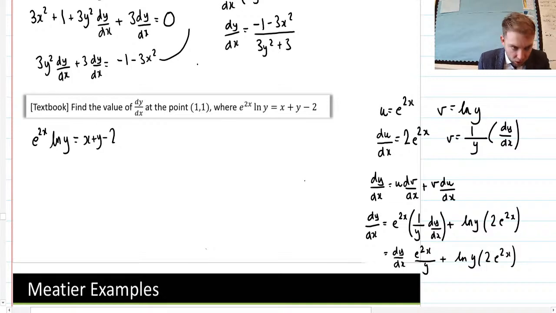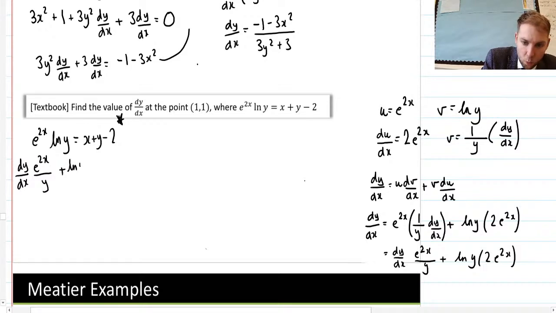Okay, so now I need to differentiate. I still haven't started thinking about differentiating this. So if I differentiate that left-hand side, I've just done that, and the differential of this is that part I've just worked out, which is dy by dx of e to the 2x over y plus ln y times by 2e to the 2x, like so.